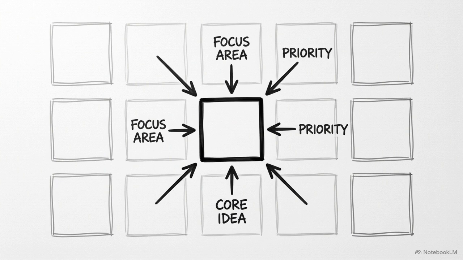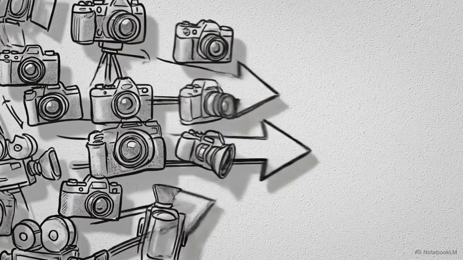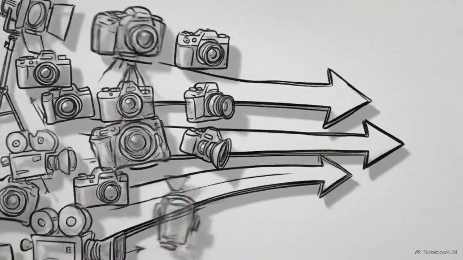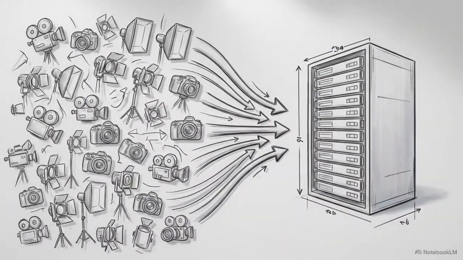Because you will generate dozens of variations to find the perfect shot, you have to actively curate the outputs. You must isolate your approved video clips and route them into a single dedicated project directory immediately. By overlapping these phases, this real-time iteration model compresses days of pre-production and shooting into a few minutes of generation.